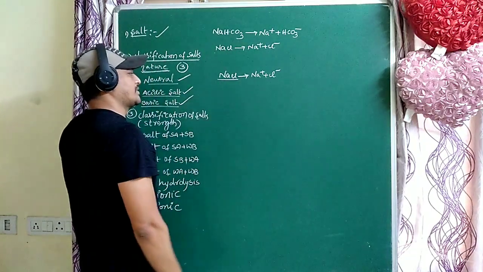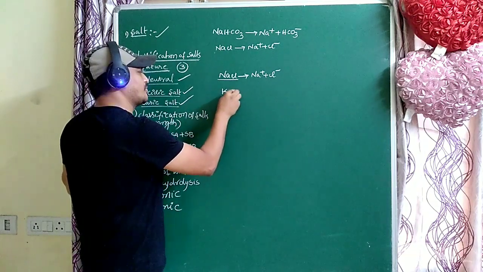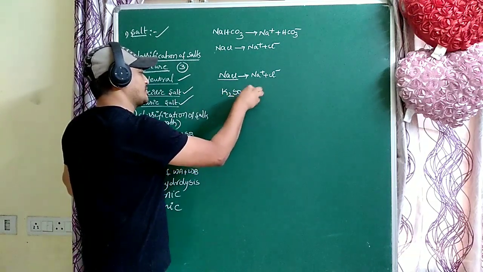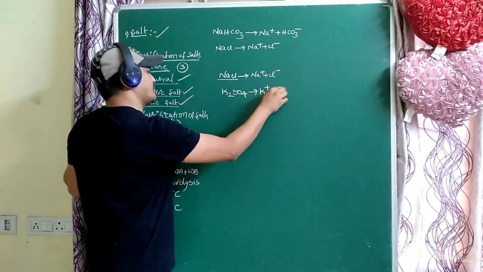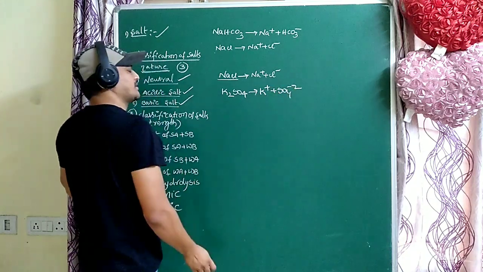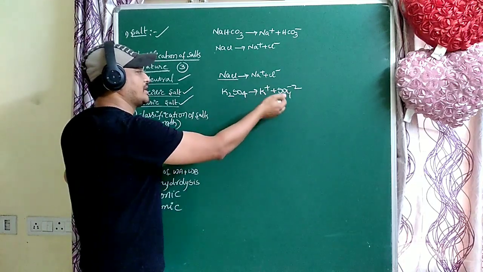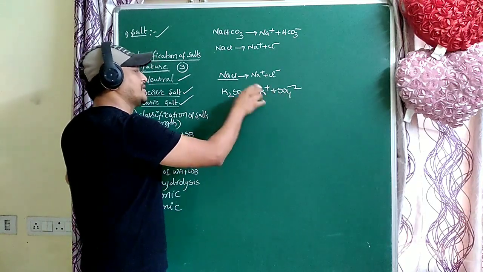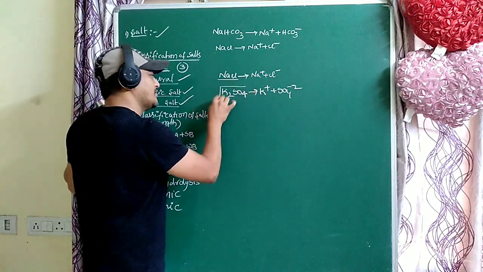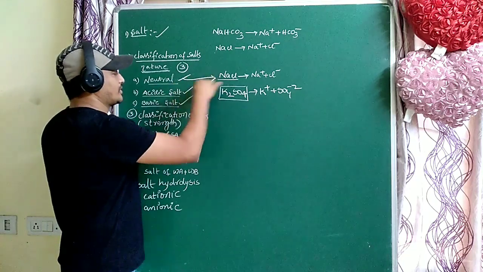For example, K2SO4 dissociates into K plus and SO4 minus 2. Whatever the ionization, it does not give any H plus or OH minus. This type of salt is called a neutral salt.